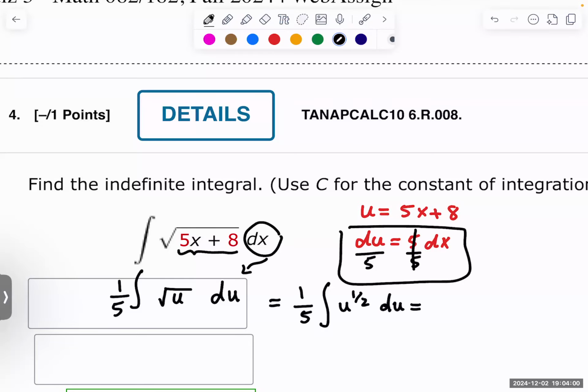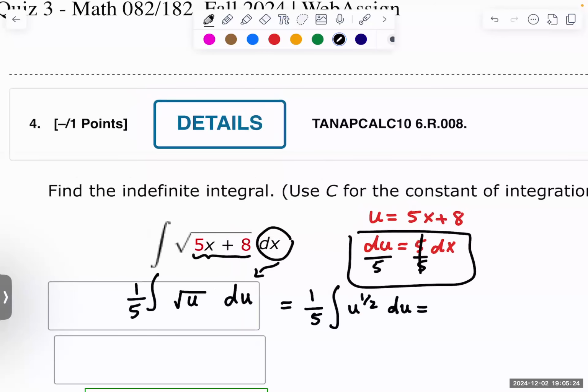Now I want you to continue to find the antiderivative. So 1/5 u to power 3/2, because you're adding 1 to the power, and multiply by reciprocal here.